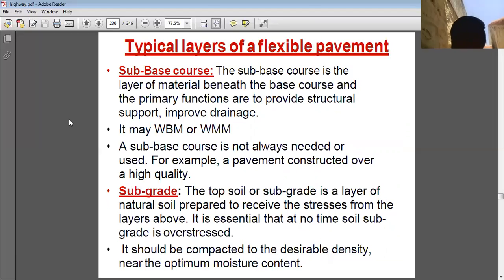A subbase course is not always needed or used, for example, when a pavement is constructed over a high quality subgrade. The subgrade, the topsoil, is a layer of natural soil prepared to receive the stresses from the layers above. It is essential that at no time the soil subgrade is overstressed. It should be compacted to the desirable density near the optimum moisture content.